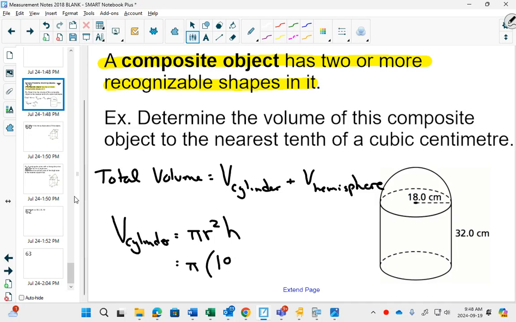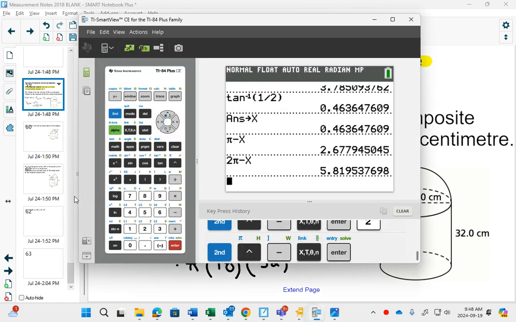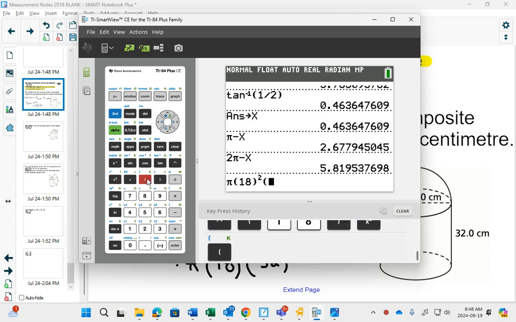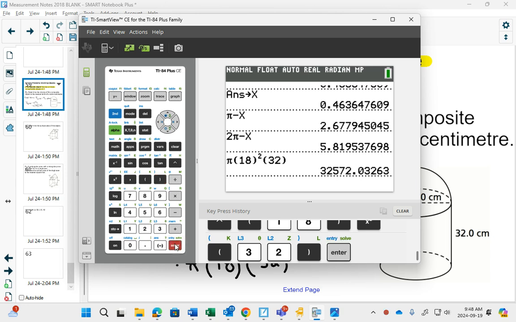The radius is 18, that's getting squared. The height is 32. So I can go to my calculator, type this in exactly as I see it. And you could put brackets, or you could put the times sign in between. And I get 32,572.032.